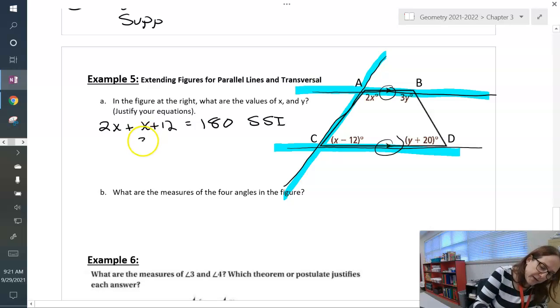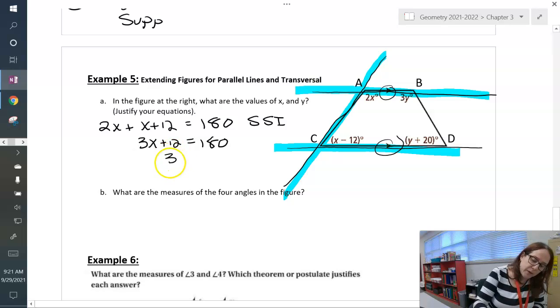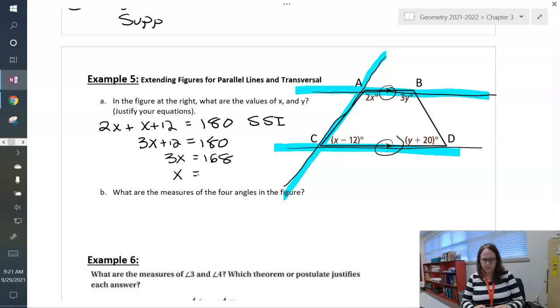Let's go ahead and combine like terms. 3x plus 12 equals 180. I'm just going to solve this now that the geometry is done. 3x equals 168. So therefore, x equals 168 divided by 3. I got 56.